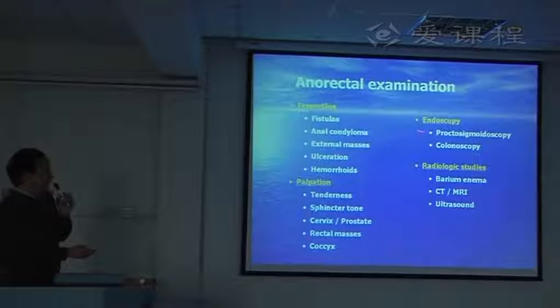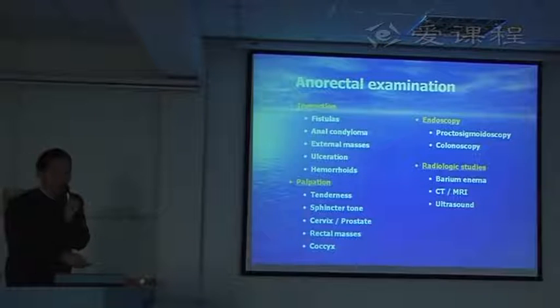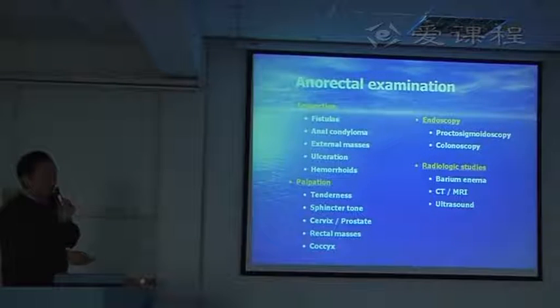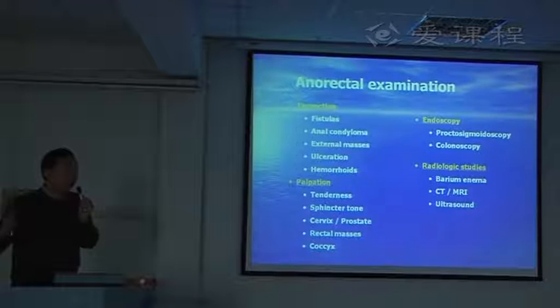For endoscopy, it's very important for diagnosis. There are two different kinds of endoscopes. One is the proctosigmoidoscope. This is not popular in our hospital because it's relatively short and rigid, but it's simple and has low complications.